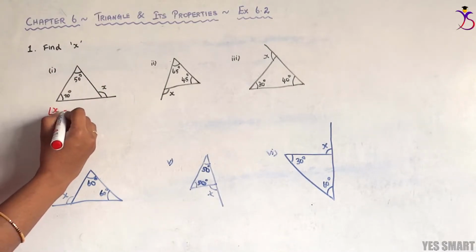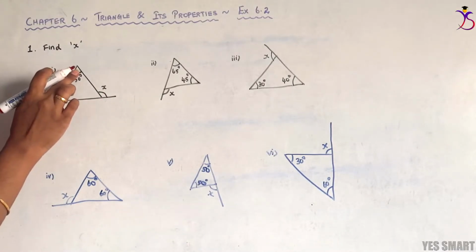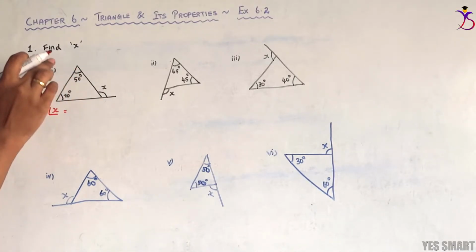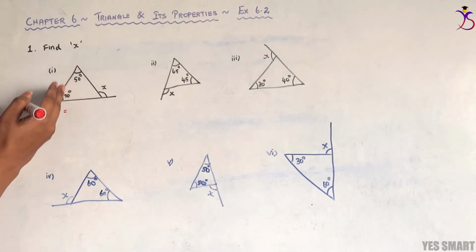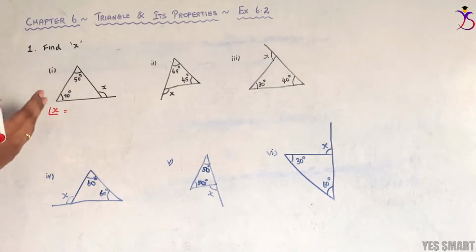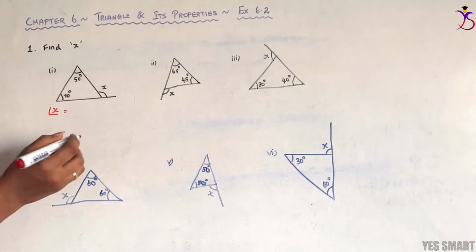When you step inside the triangle from angle x, you look at the two opposite angles inside the triangle, which are 70° and 50°. If you sum those two opposite angles, we will have the value of angle x.